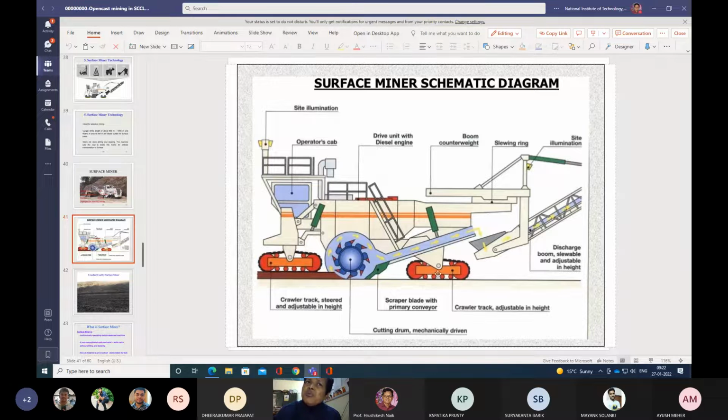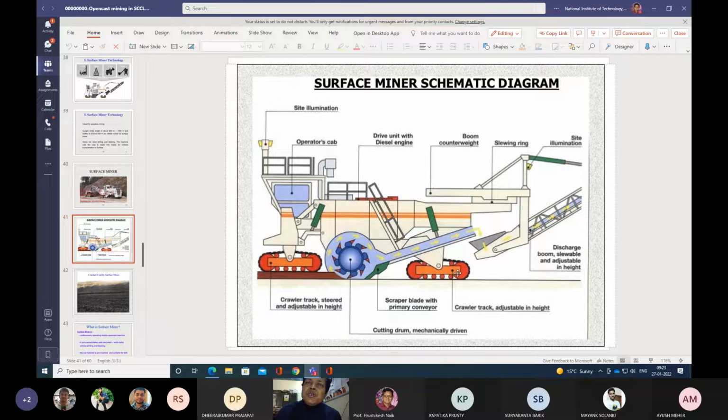So in between the front crawler and the back crawler, the cutting tool is there, and by the help of these crawlers the machine will move from one place to another. Means while the material is cut, the machine is also moving, proceeding forward by the help of these crawler tracks.